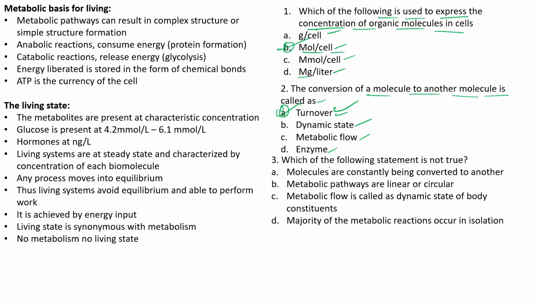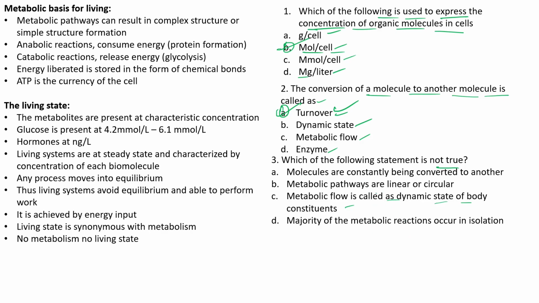Now next one, which of the following statements is not true? The molecules are constantly being converted into another, metabolic pathways are linear or circular, and metabolic flow is the dynamic state of the body constituents. Majority of the metabolic reactions occur in isolation, right?